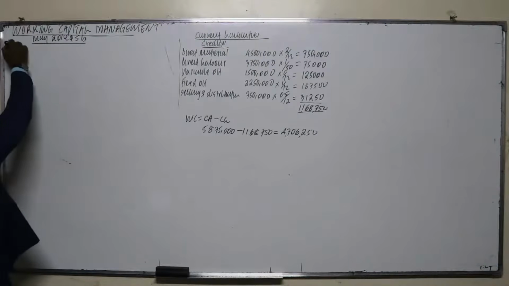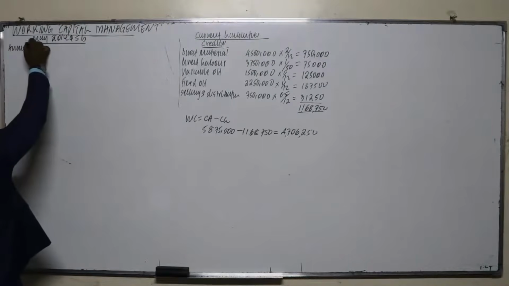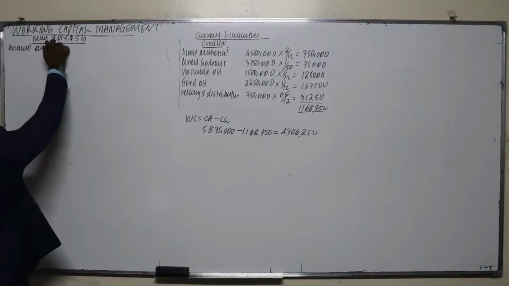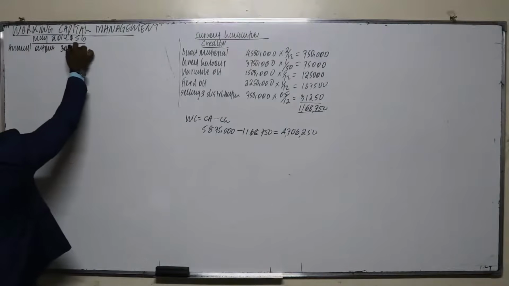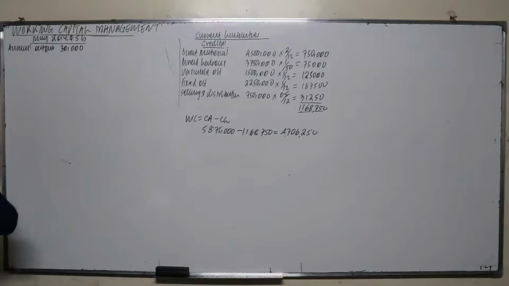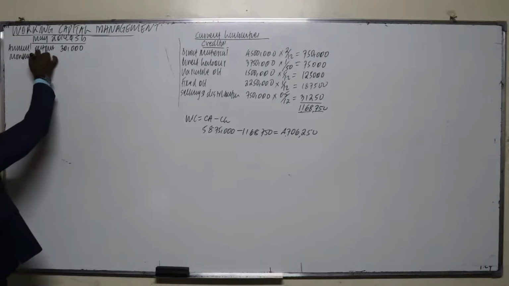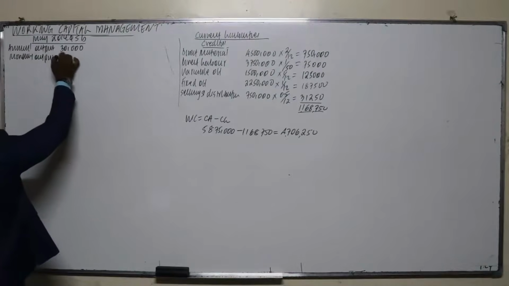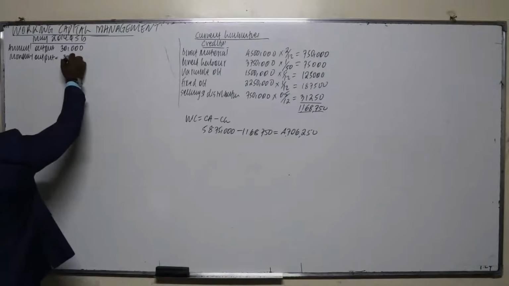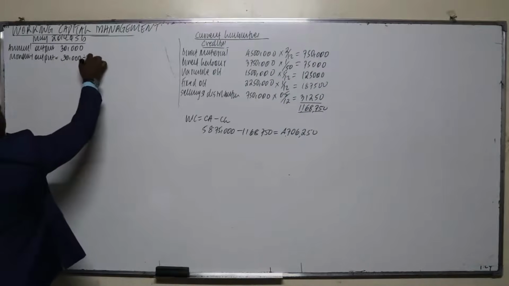So annual output, it's 30,000. We can also convert this one into month, so that we get the monthly output. So to get the monthly output, you take 30,000 and divide by 12.